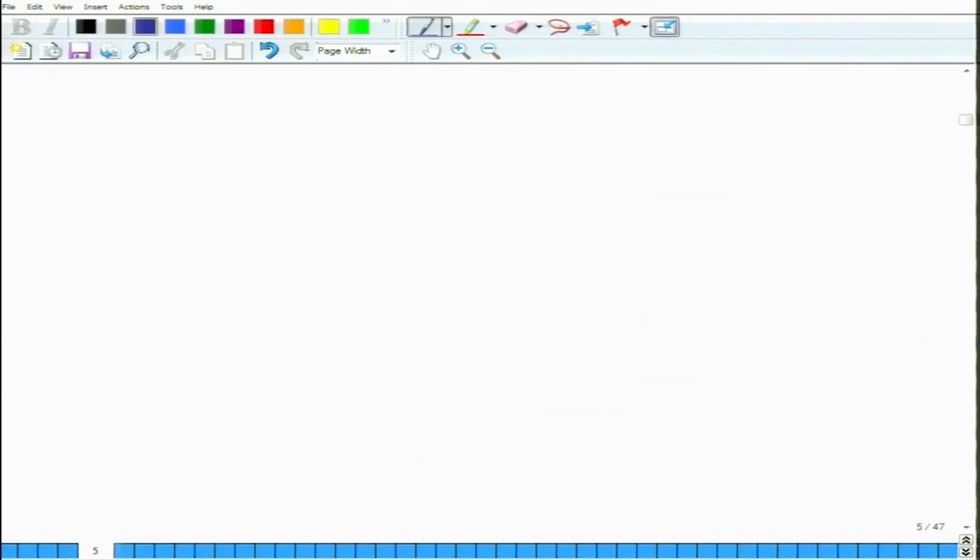So first term is glass transition temperature. A lot of times in literature it is written as Tg. Okay, and then you have melting point.